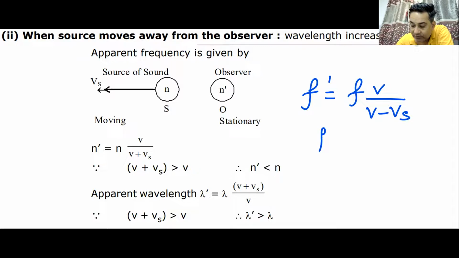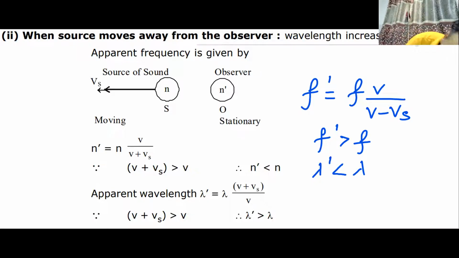This frequency was greater than the original frequency, and the wavelength was smaller than the original wavelength. Do we remember this? Yes or no?